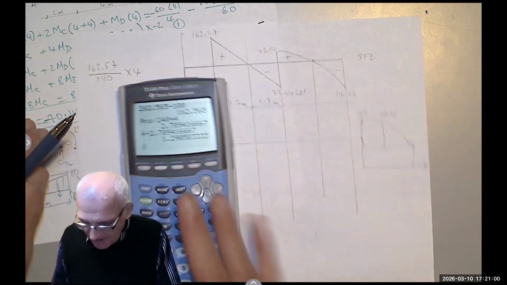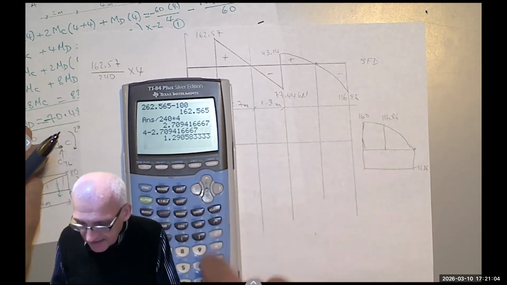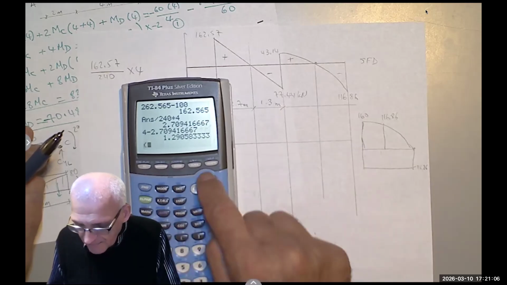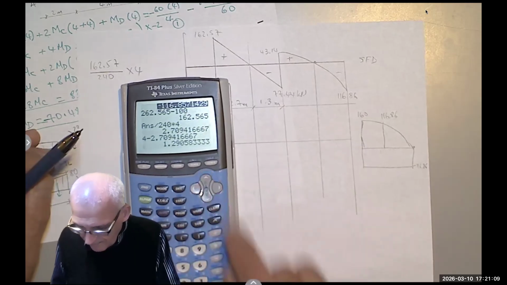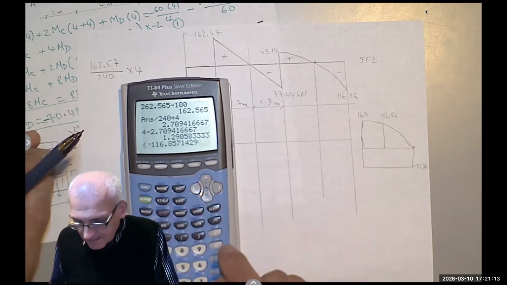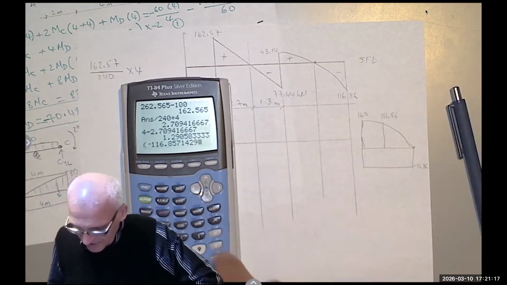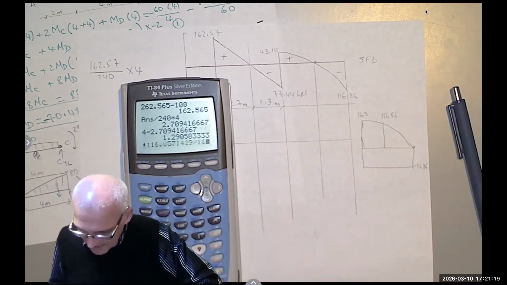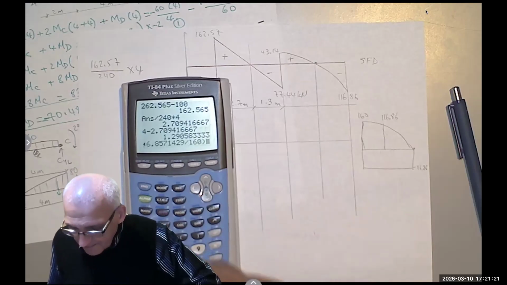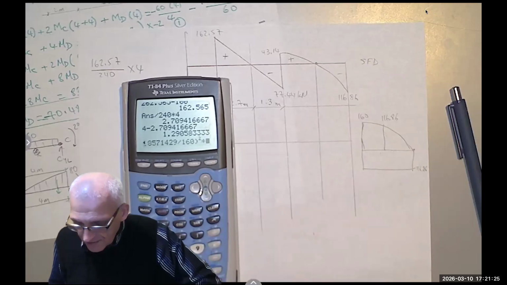So I'm going to say, okay, 160. No, I don't like that. It doesn't matter, because I'm going to square it anyway, divided by 160 squared times 4.